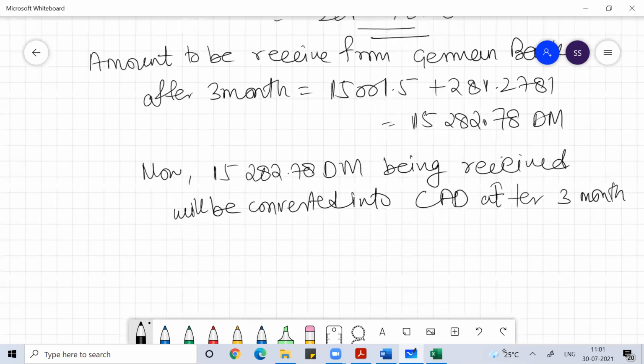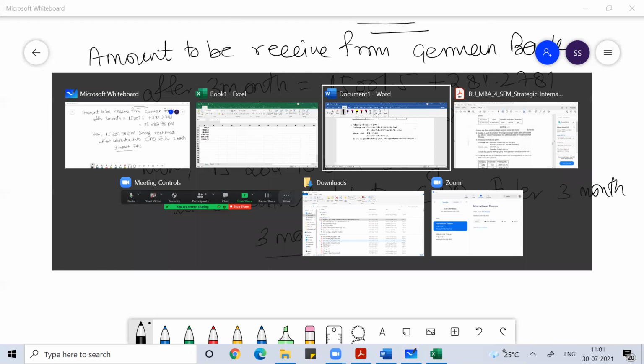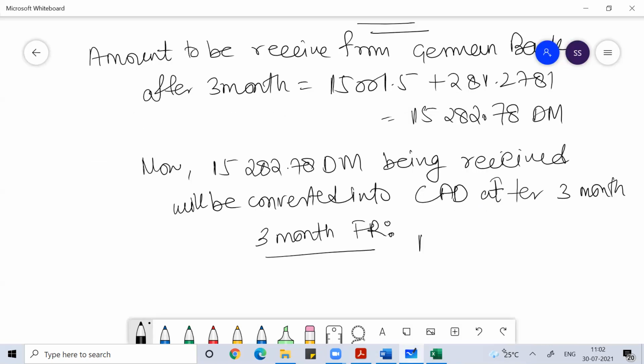The 3 month forward rate was 1 Deutsche Mark is equal to 0.671 Canadian dollar.